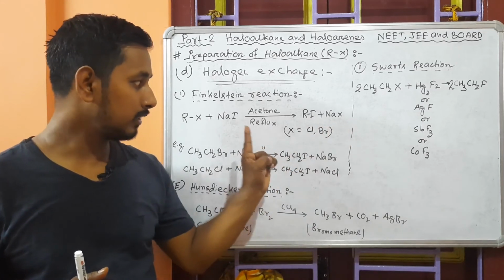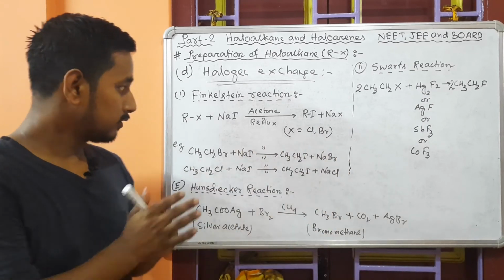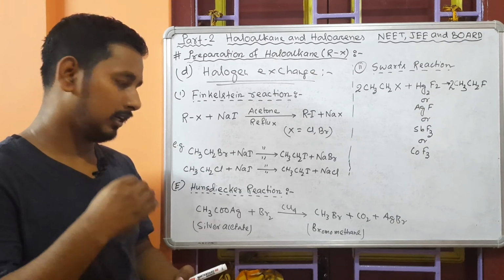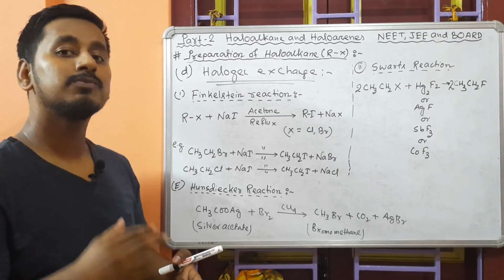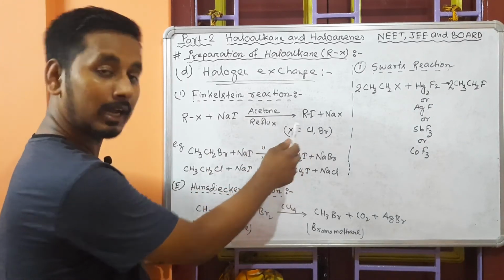And you have to remember one thing here, that here X is chlorine and bromine. So if you take any kind of alkyl bromide and alkyl chloride, that will be replaced by iodine and you get alkyl iodide.